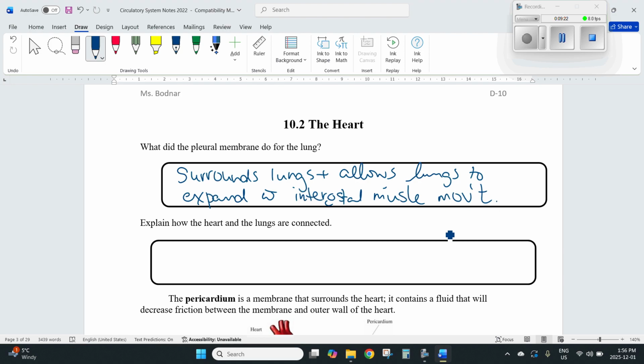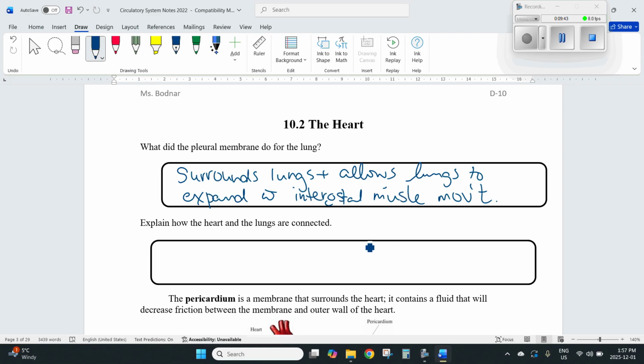Okay, so the fact that you have that pleural membrane located on the inside of the rib cage, as well as the one lining the lungs as well, that keeps those two membranes stuck together. And when the ribs expand, it expands the lungs, so it pulls the lungs out.